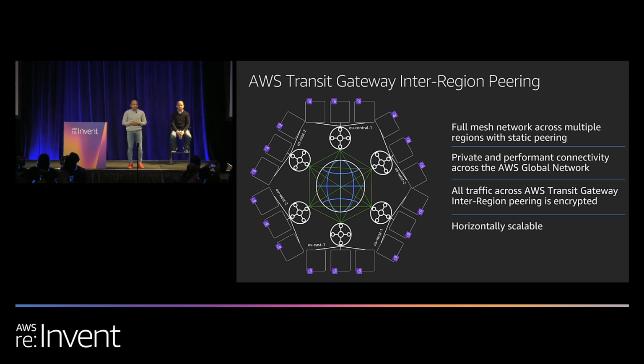Every VPC in every region now can talk to the other region the way you would think it would, through a centralized set of route tables in every region and a full IP routing table and forwarding system. As you are used to with Transit Gateway, you have routing domains at your disposal.